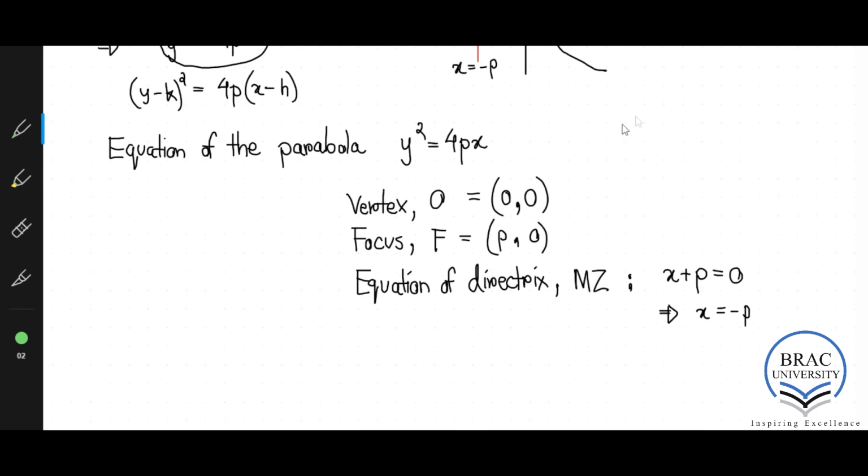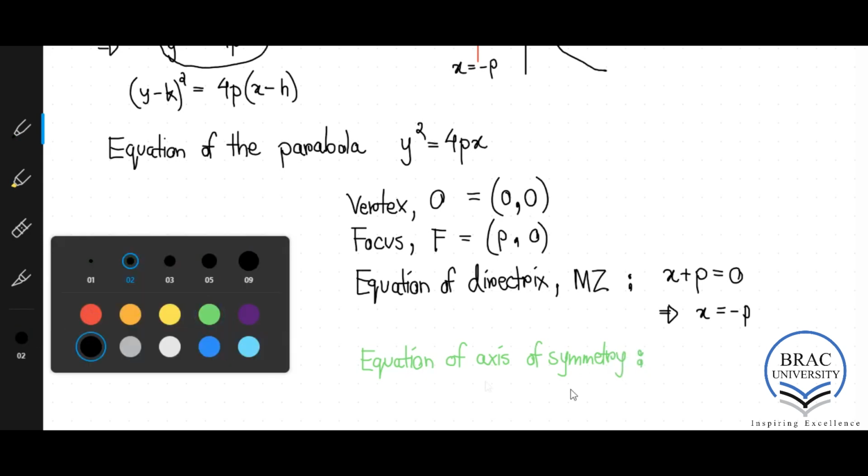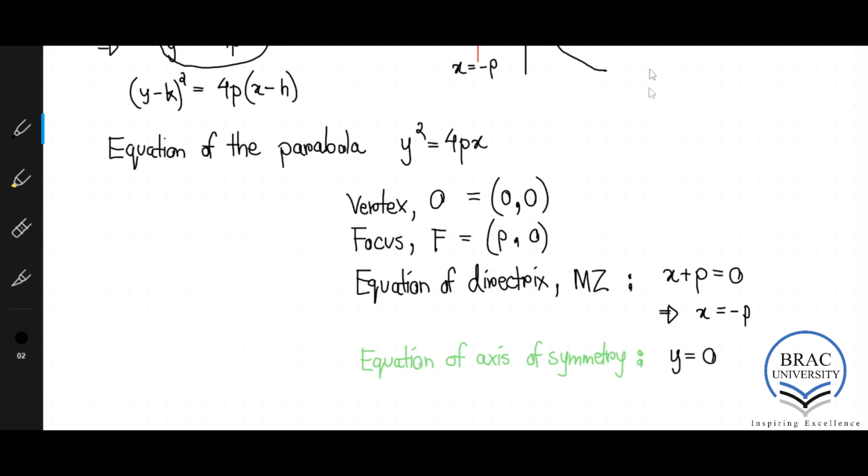So the equation of the axis of symmetry here is just y equals 0.